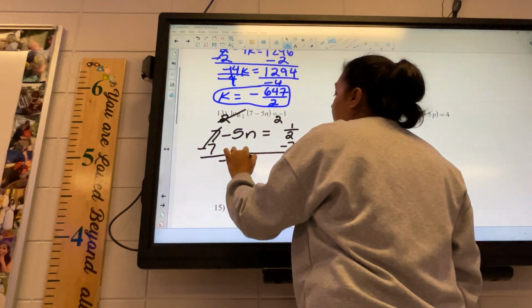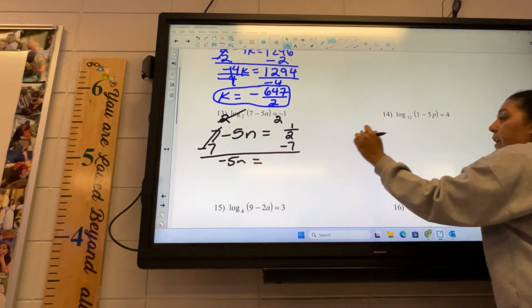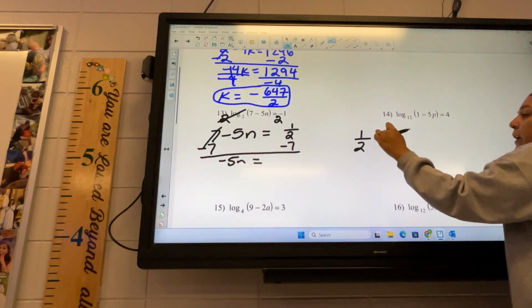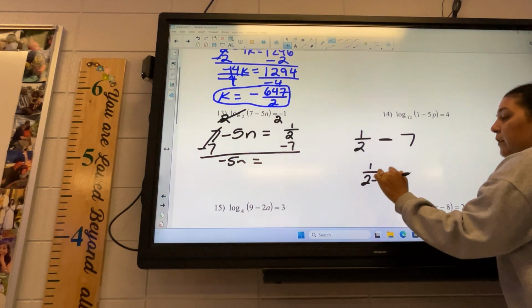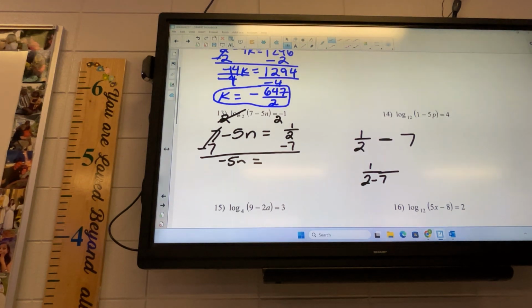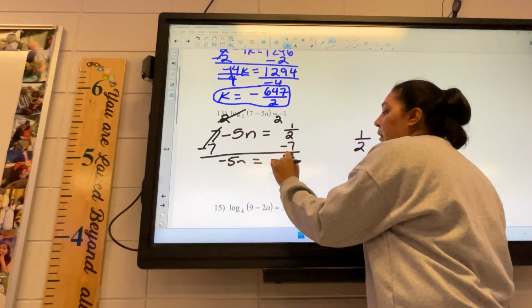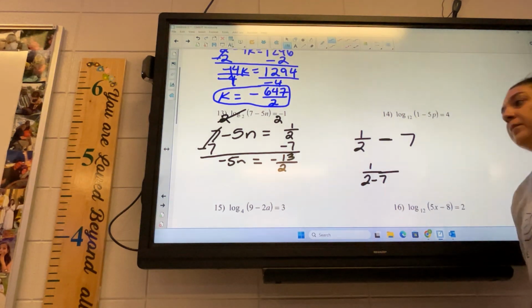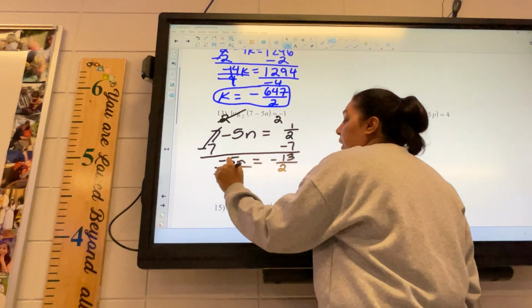So we got negative 5n equals, and when we type this on the calculator, it really needs to look like this: negative 1/2, you need to hit the over button and then say minus 7. We don't want it like this, where the 7 is off. See the difference? You have to hit that over button. What is that part? Negative 13 over 2. Somebody agree? Yes. And then what needs to happen? You divide by negative 5.